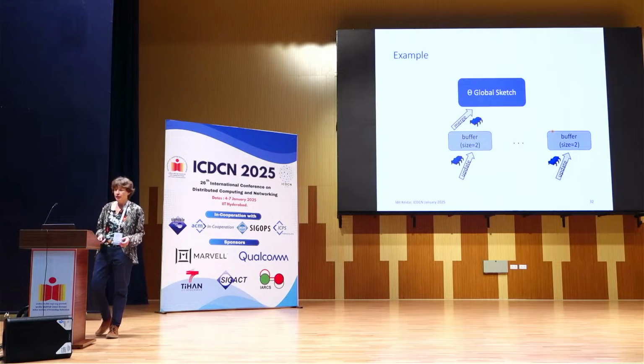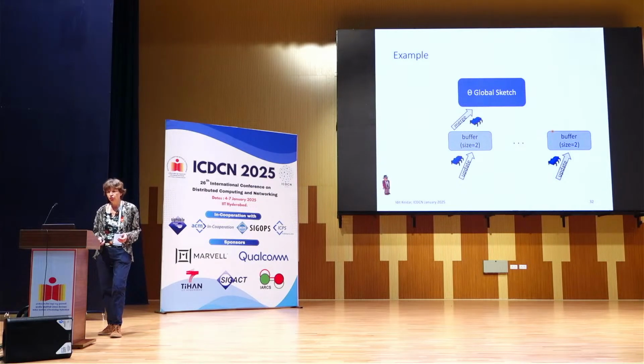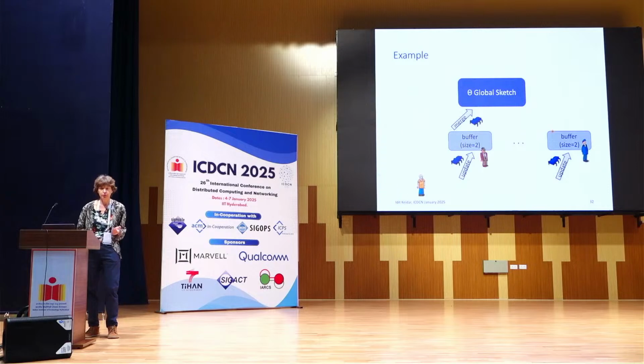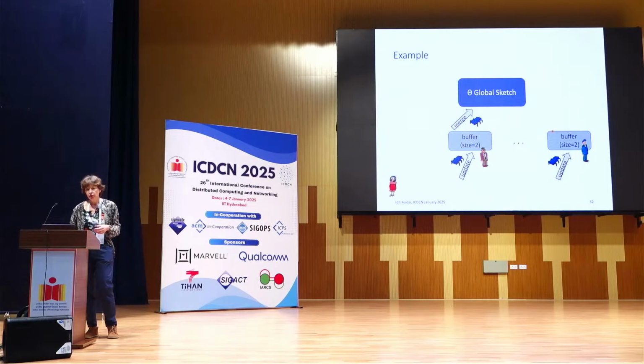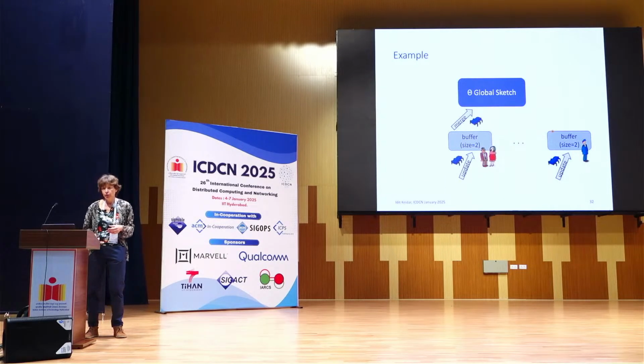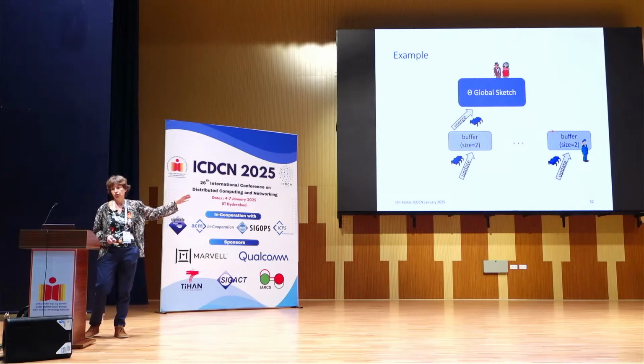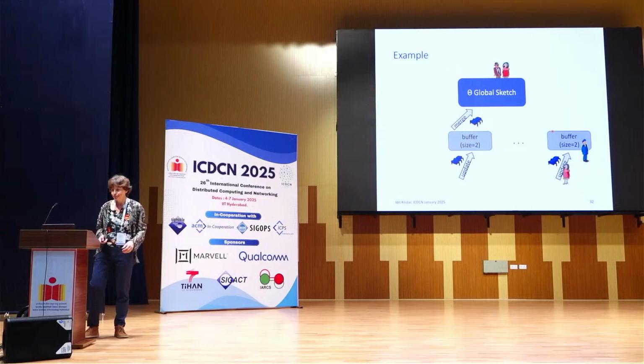So here's an example. We have the theta global sketch and we have buffers of size 2. The operations go to the local buffers, they don't go to the global sketch. As a buffer becomes full, we invoke the merge operation and put it back into the global sketch, and then we empty the local buffer. So that's the basic idea.